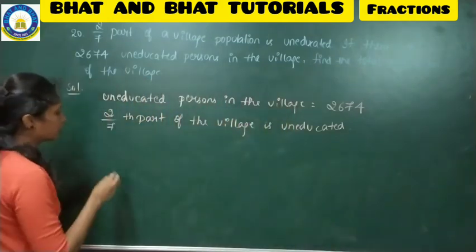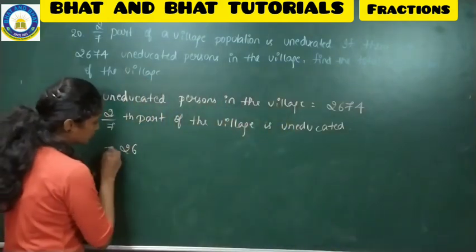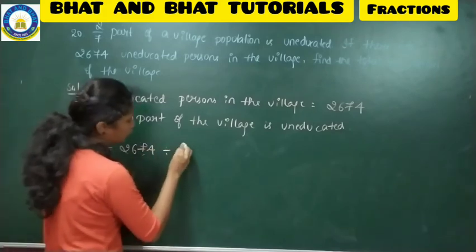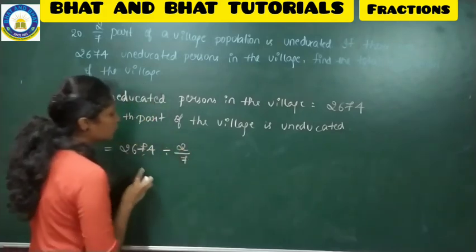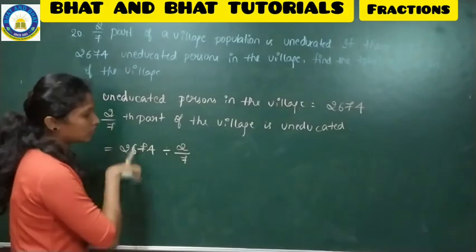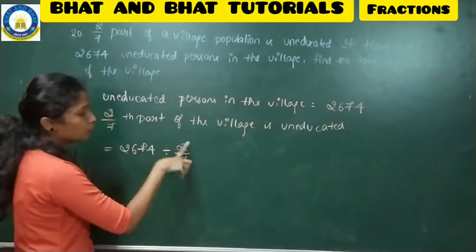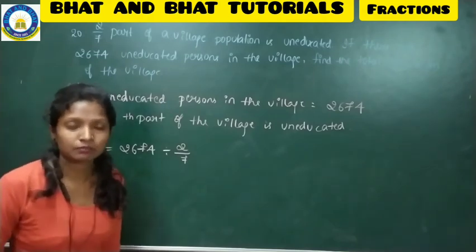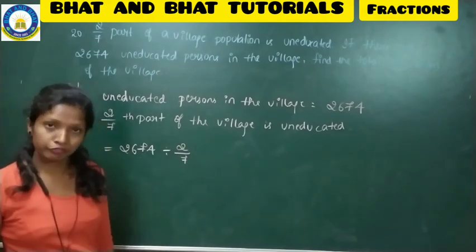So what we have to do now? 2674 divided by 2/7. They are telling directly the 2/7th part. That means it's understood that it is division.